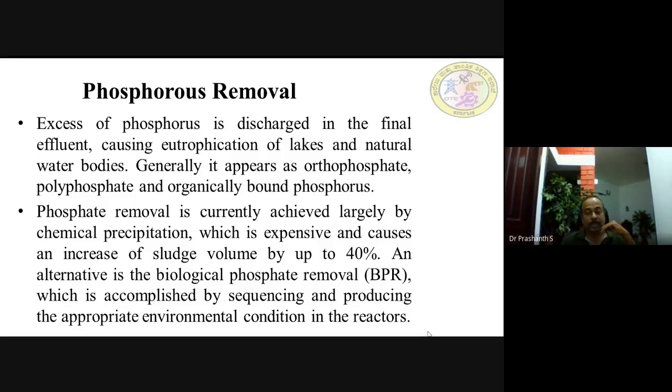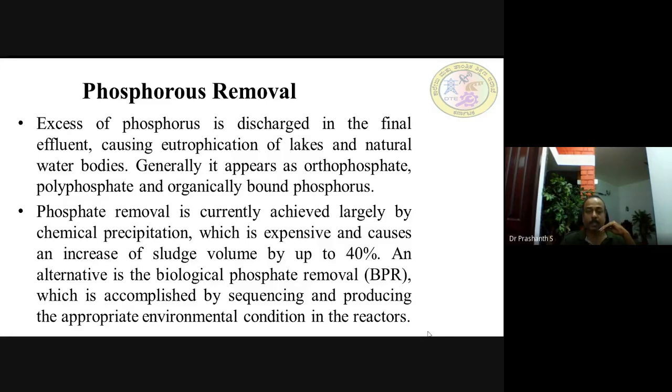So there will be an excess of phosphates. Excess phosphorus discharged in the final effluent causes eutrophication of lakes, which means the development of plants and algae covering the whole lake with weeds.